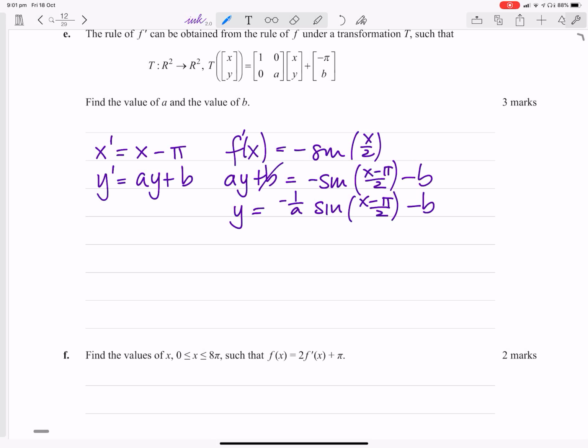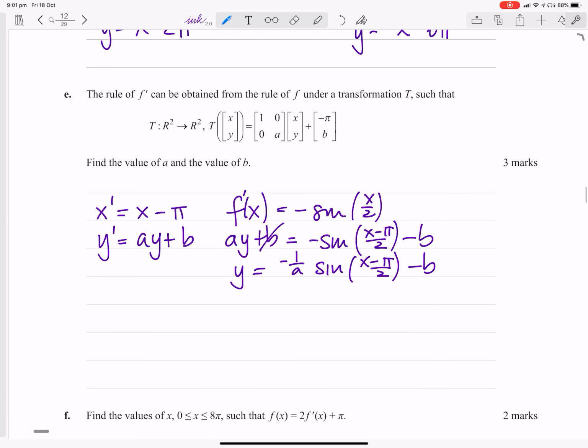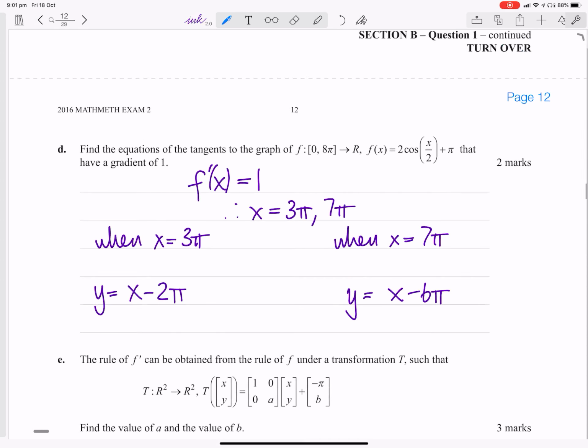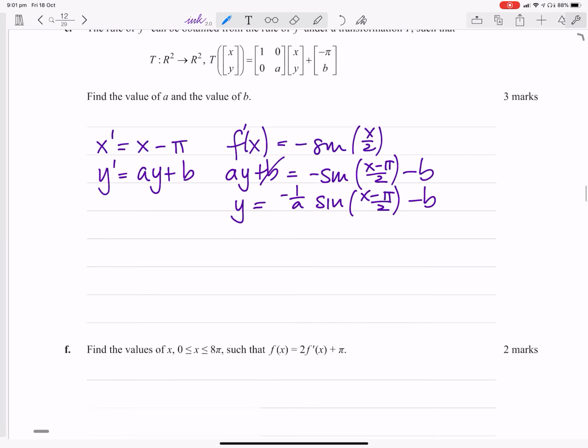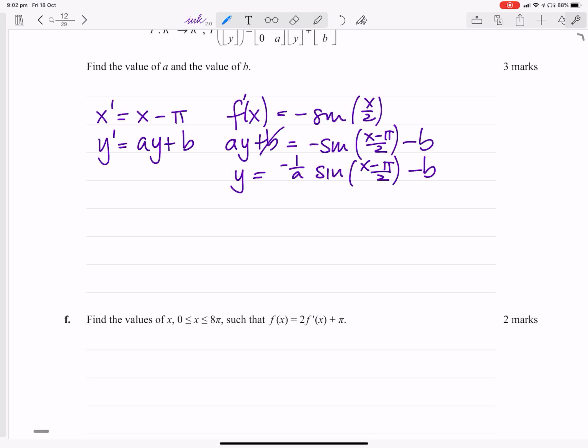Okay. So if we want to make that the same as 2 cos x on 2 plus pi, forgot to divide that by a as well, so b on a.